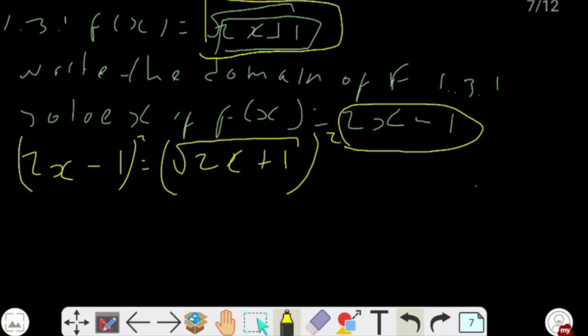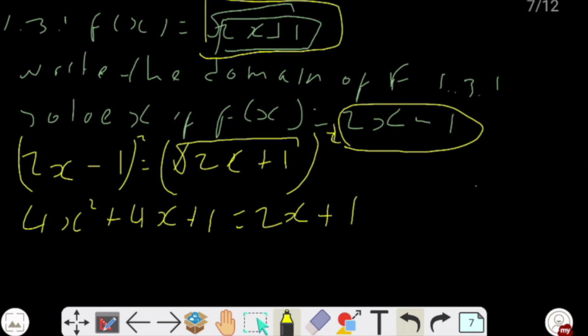By squaring both sides, on the left you will have 4x squared minus 4x plus 1. On the right you will be left with 2x plus 1, because the square will cancel the square root out, and let's bring everything else to one side.